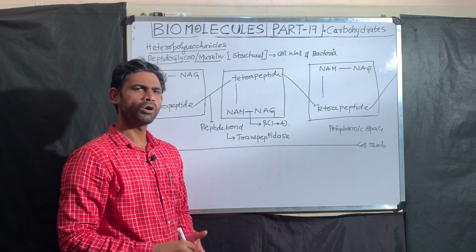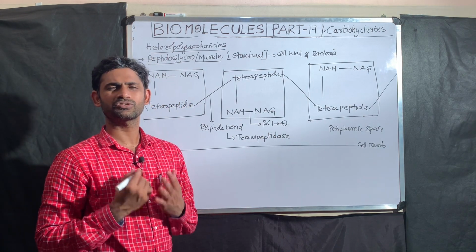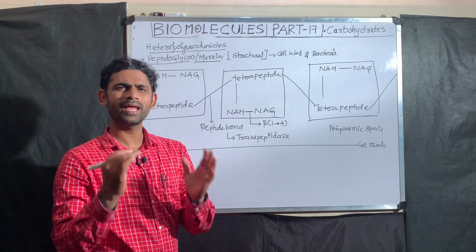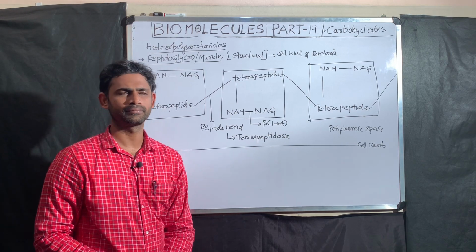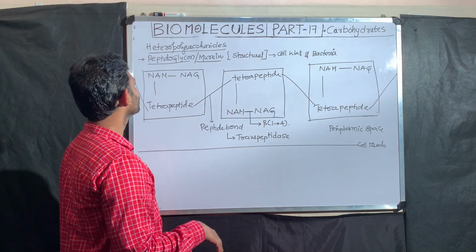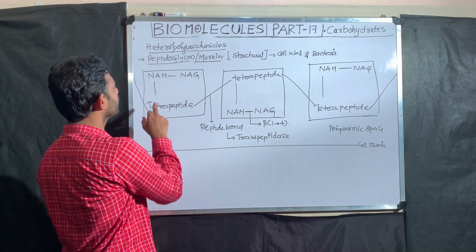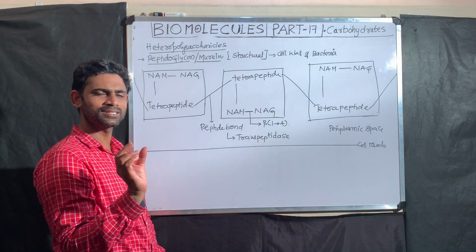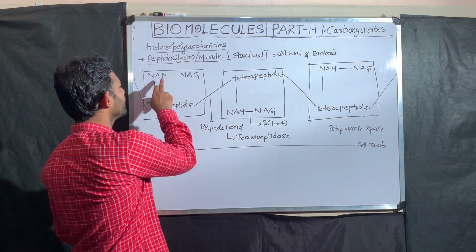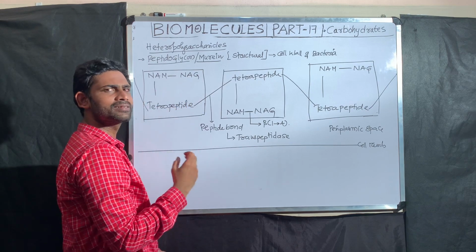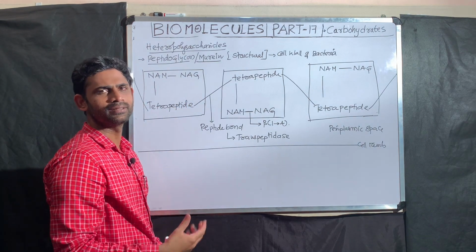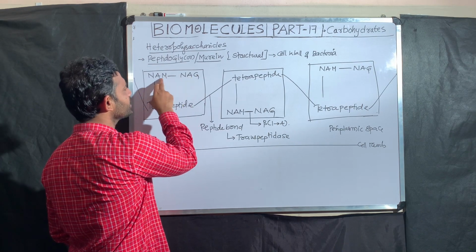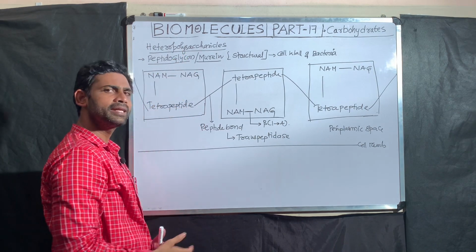When we talk about the structure of peptidoglycan, first we need to understand the basic unit. The basic unit of peptidoglycan consists of one sugar, N-acetyl muramic acid, shortcut NAM, that associates with NAG, N-acetyl glucosamine. Here you can see this is one sugar and this is a different sugar, which is why it comes under heteropolysaccharides.